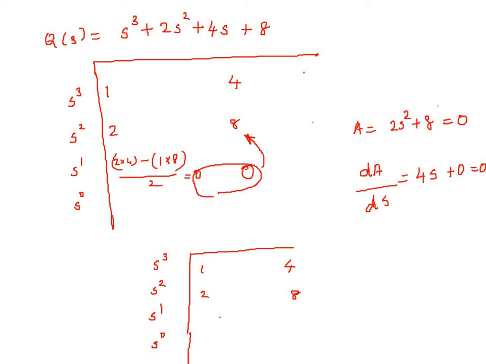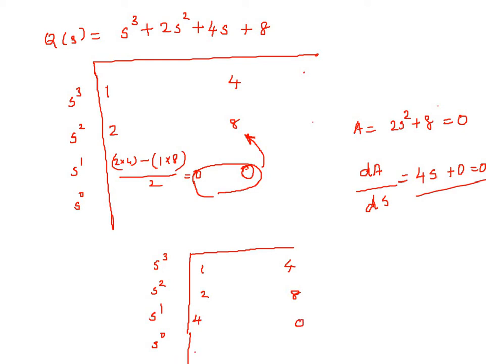Instead of 0, 0, I can write these values. Instead of 0, 0, corresponding to s raised to 1, write the coefficients of the auxiliary equation, that are 4 and 0.